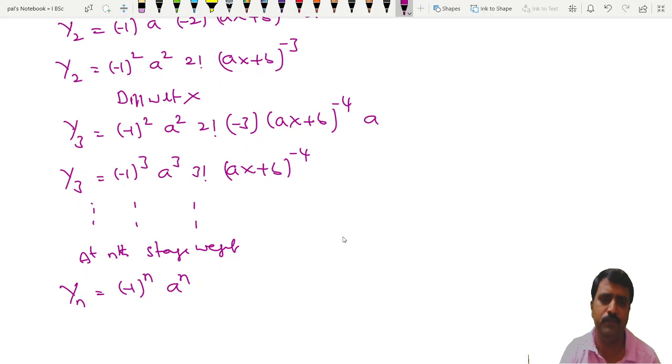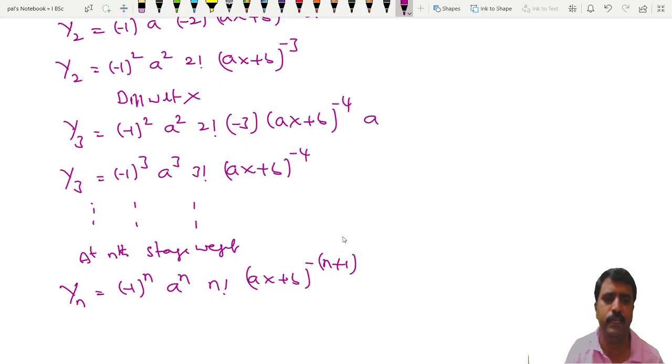In y3 we have 3 factorial. In yn it should be n factorial into ax plus b to the power minus, this number 4 is 1 more than 3. So this power should be 1 more than n, that is n plus 1. So it is minus of n plus 1.